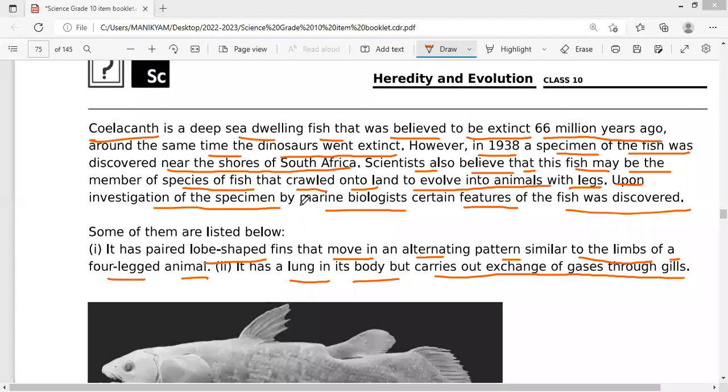But if we go back 66 million years ago, the fishes were also having lungs inside their body. But as they were living in the water, slowly all kinds of fish and marine animals adapted to the water conditions, living inside the water and absorbing the dissolved oxygen in water.